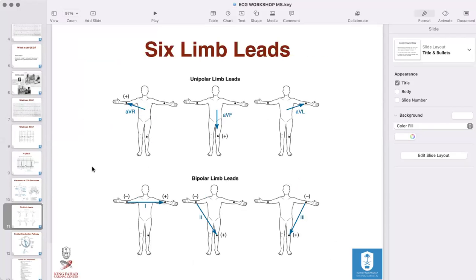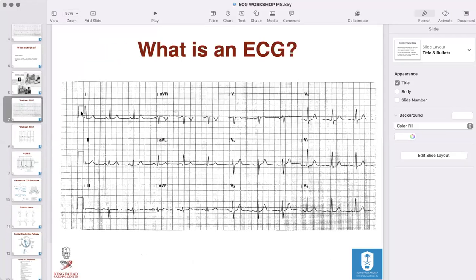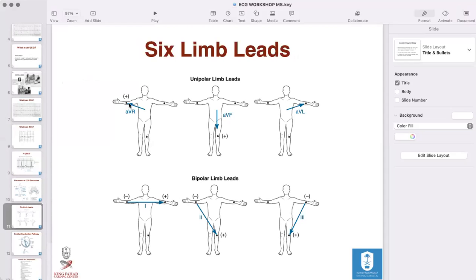In regards to limb leads, there are 6 limb leads that we talked about here. When you go back, you saw 1, 2, 3, AVR, AVL, AVF. AVR is actually on the right arm, okay? And it's called a unipolar limb lead because it's not a summation of 2 leads.